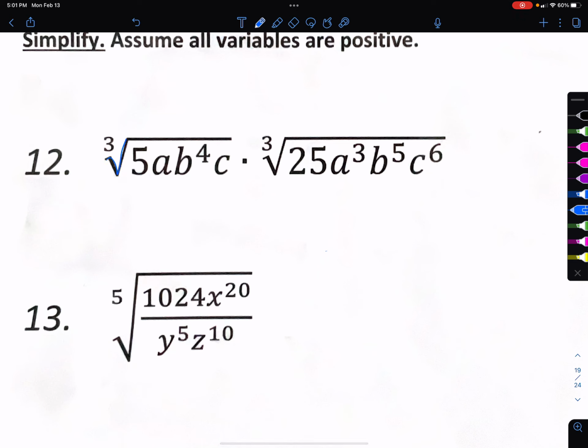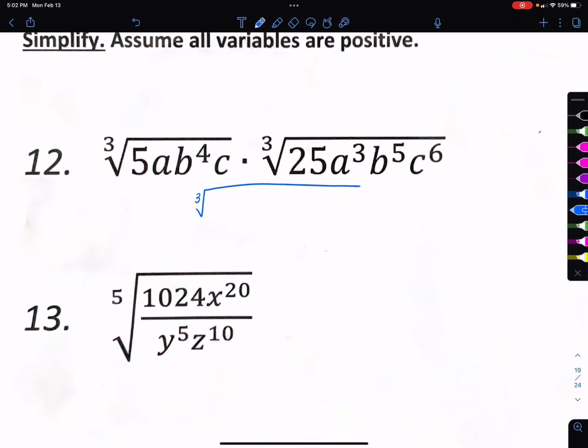We are looking to make sure that they are both under the same root, the same radical. So they are both under the third index. They both have an index of 3. So we're going to go ahead and rewrite these first and combine them into one radical or one cube root.